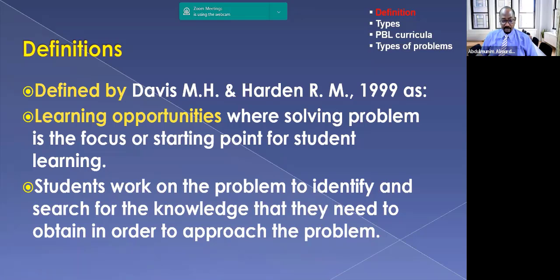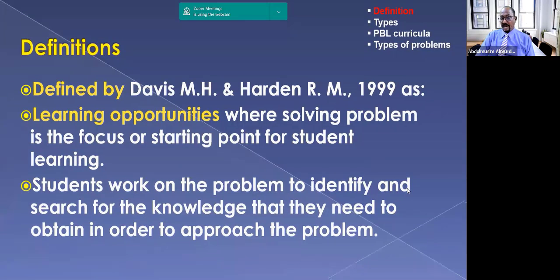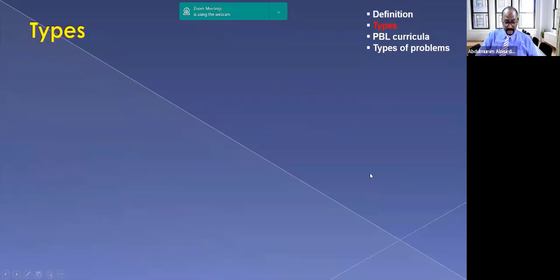So as you can see from these two slides, it's an approach, it's a strategy within a learning opportunity or an activity in which the students start with a problem, identify what they need to know, learn it, and then come again and try to solve the problem. And by the way, we will see later, solving the problem is not an aim. It's a process, a procedure, not an aim in itself.